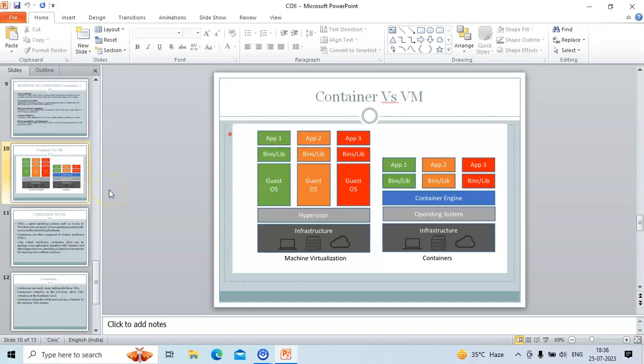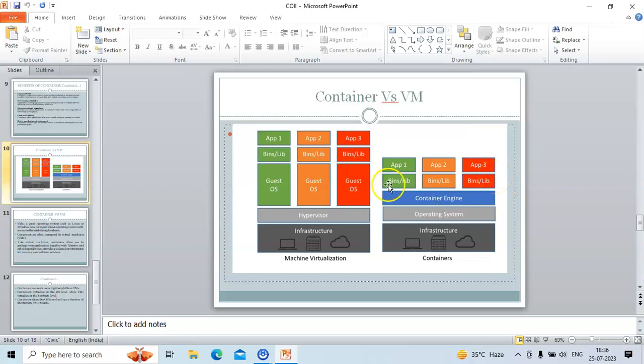Okay, now the next topic that we discuss is containers versus virtualization. Means, what is the difference between a container and a virtual machine? Here VM is the virtual machine. Here you are seeing two figures. The left side represents the virtual machine concept, whereas the right side represents containers.